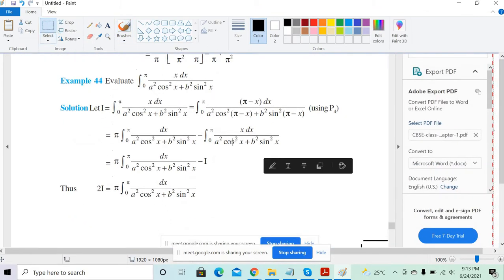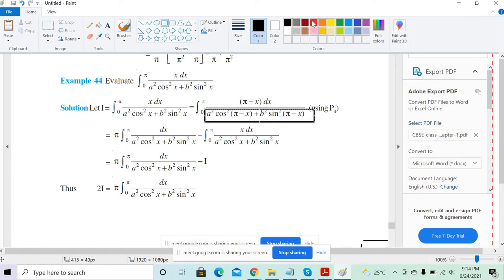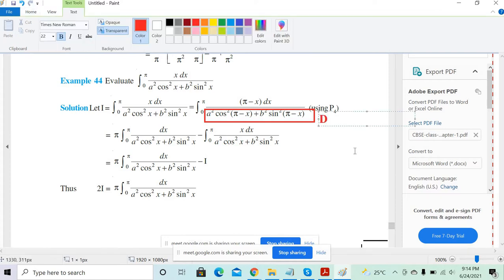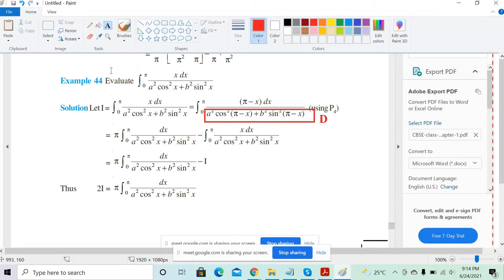Look, this is the denominator, isn't it? For the time being, let's keep this whole denominator as capital D. Is it okay? So what is the integration now?